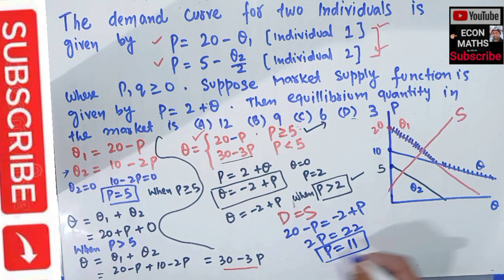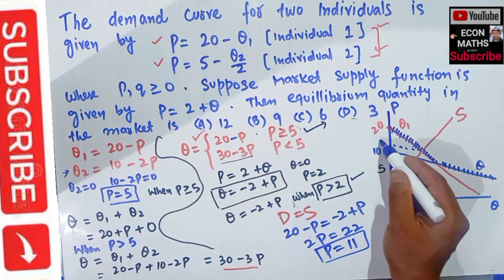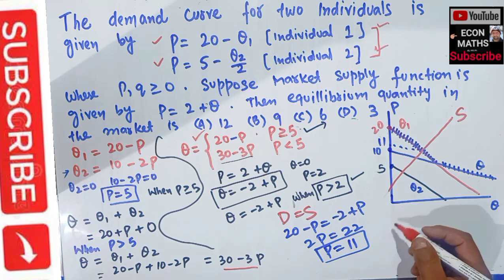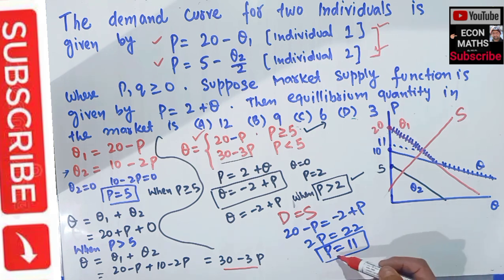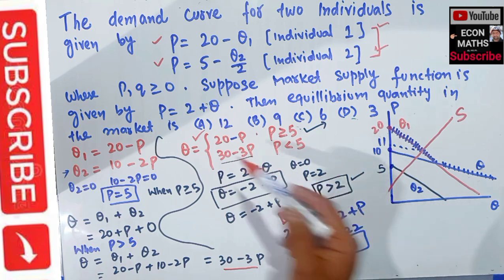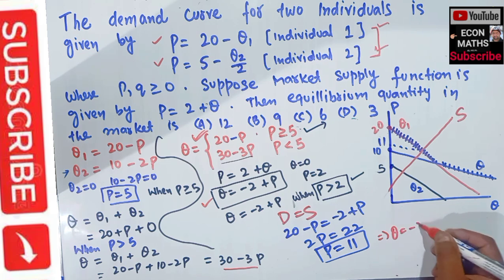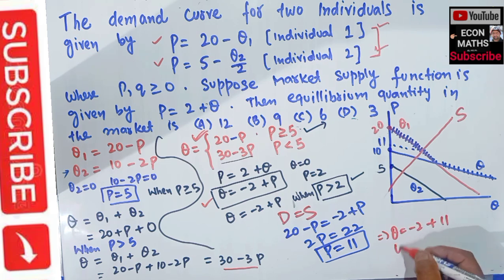So it is the equilibrium price. Let us say this is here 11. Corresponding to this, what will be the equilibrium quantity? Let's plug p is equal to 11 either in demand function or in the supply function. Let's put it into the supply function, which implies our equilibrium quantity will be equal to minus 2 plus 11, which comes out to be q equal to 9.